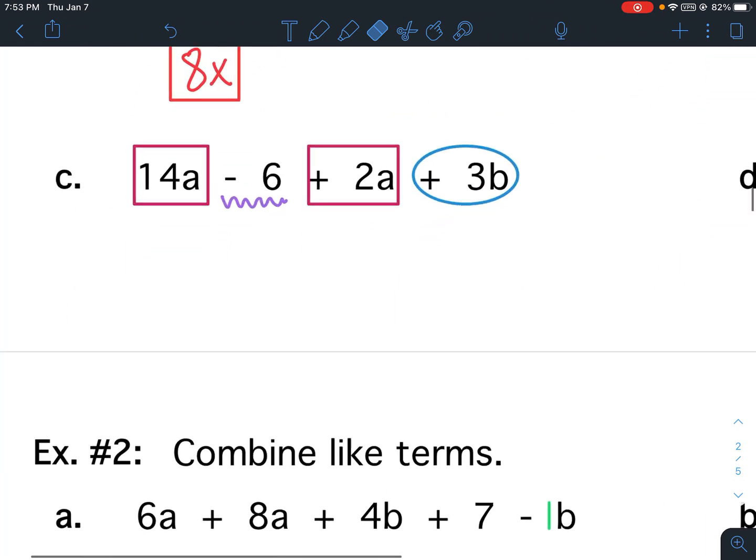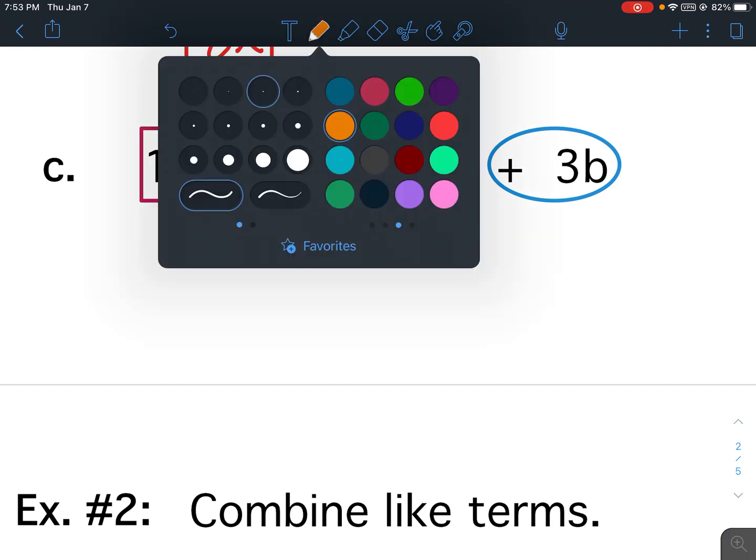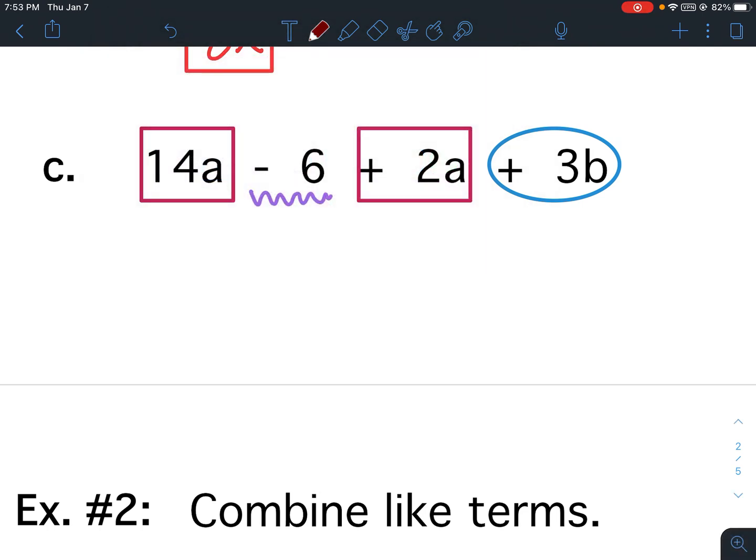For C, I boxed my a terms, circled my b terms, and underlined the constant term. If you look at this, the only thing I can combine are the a terms. There's nothing to combine with the b, there's nothing to combine with the constant. So the only thing left to do is to combine these two terms there. So 14 plus 2 is 16.